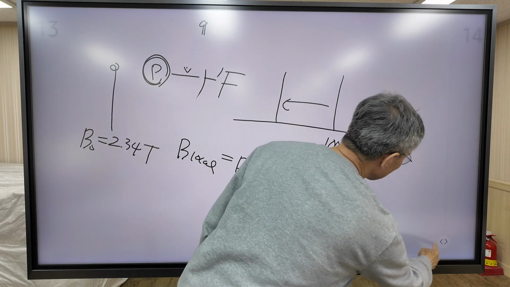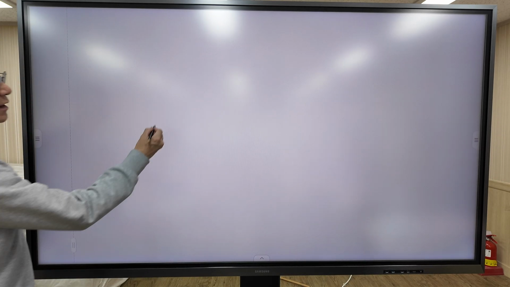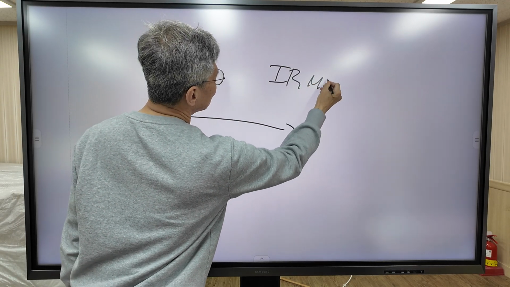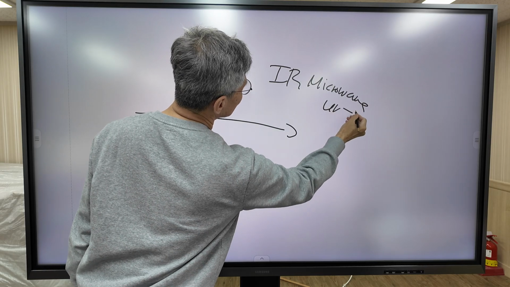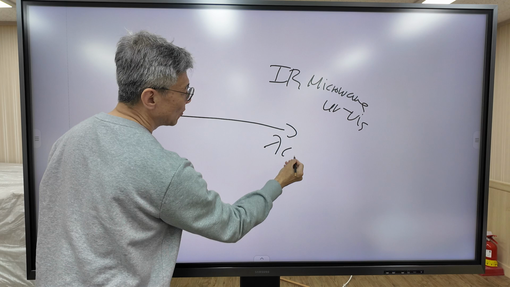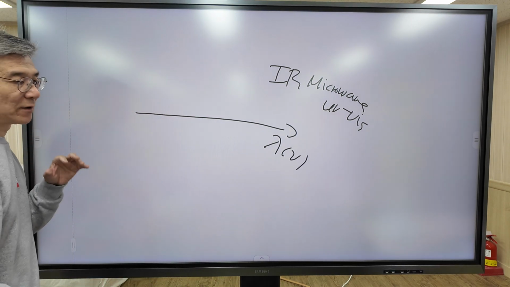Now, in general, in NMR, in IR, microwave, or UV-visible, the x-axis generally represents wavelength or frequency. But in NMR, it's different.